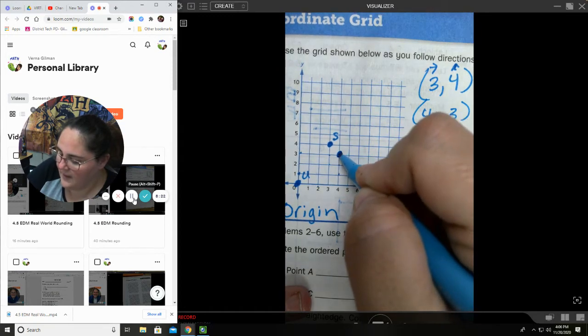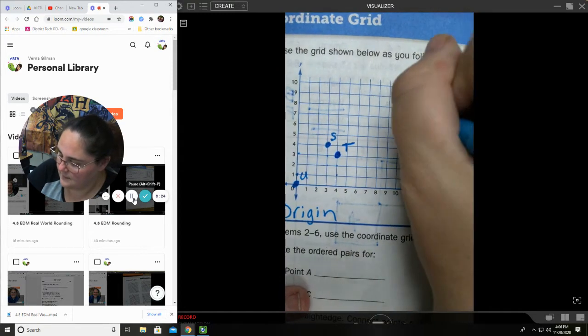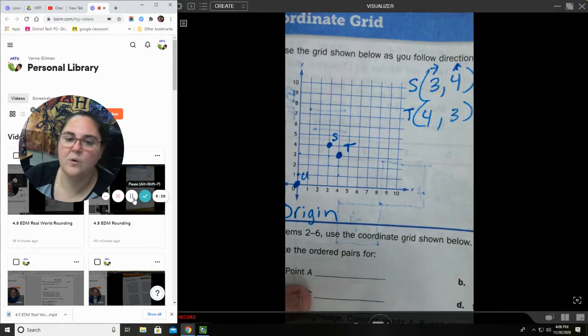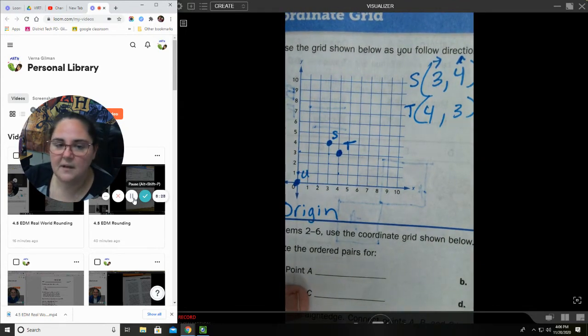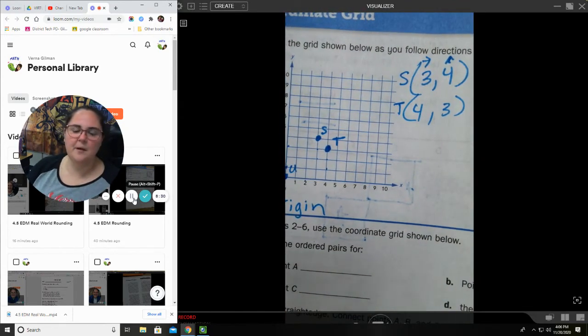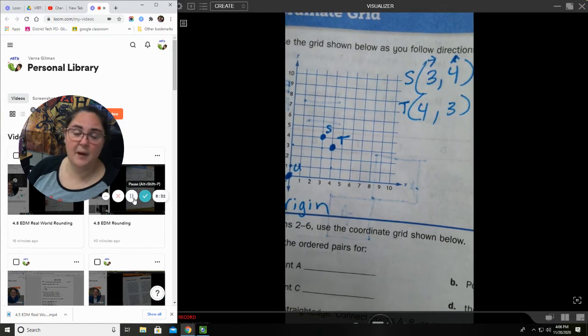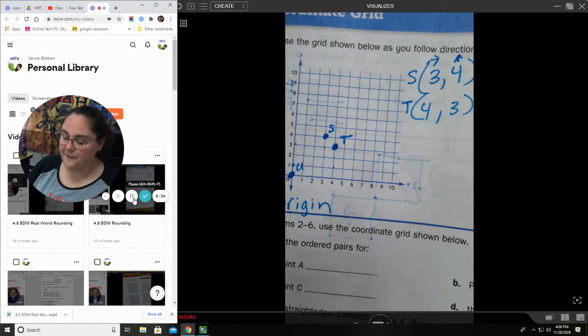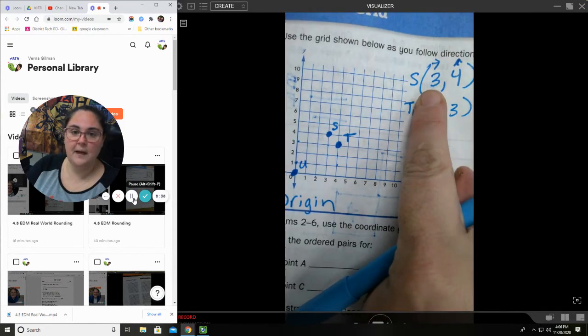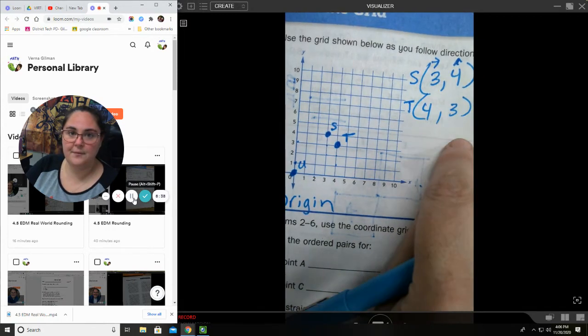And we're going to label that T. Notice that they have the same numbers, but they're not the same spot. They're flipped. Over 3, up 4, over 4, up 3.